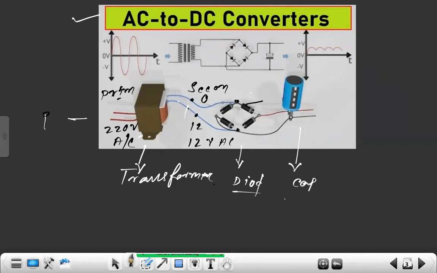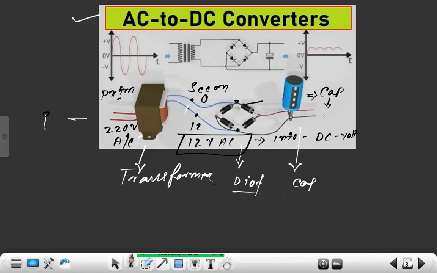This diode rectifies this particular 12 volt AC into DC voltage. And this capacitor, what does it do?